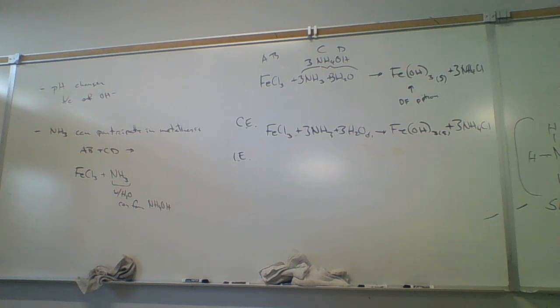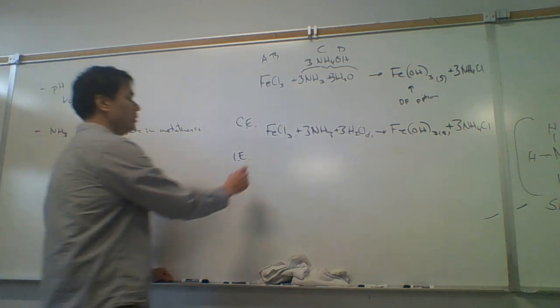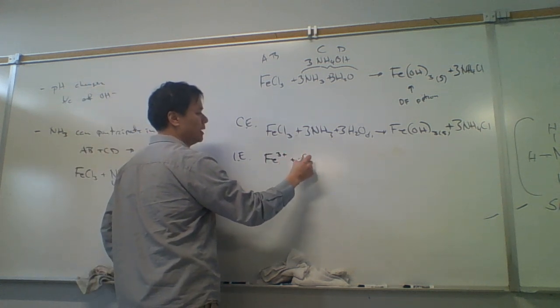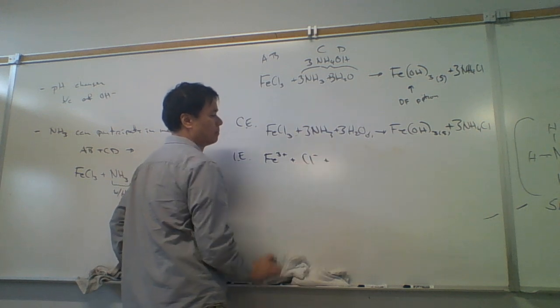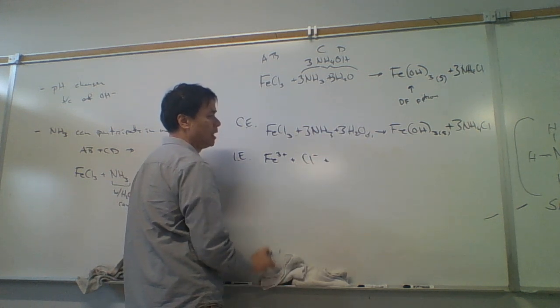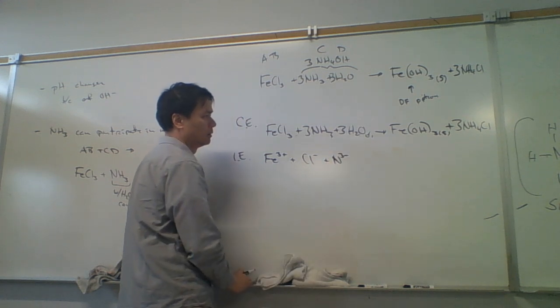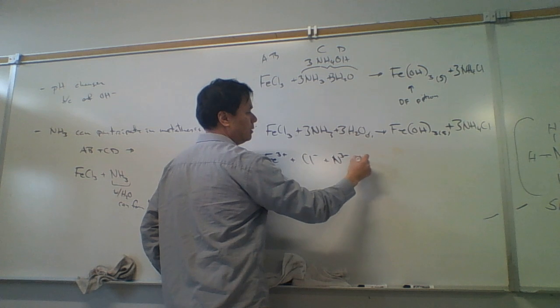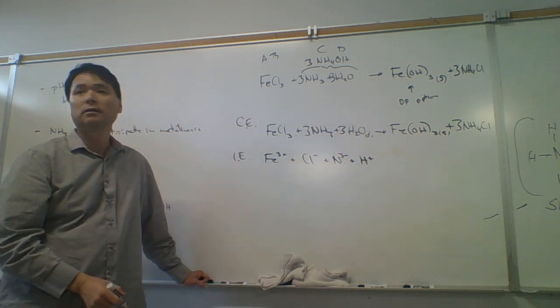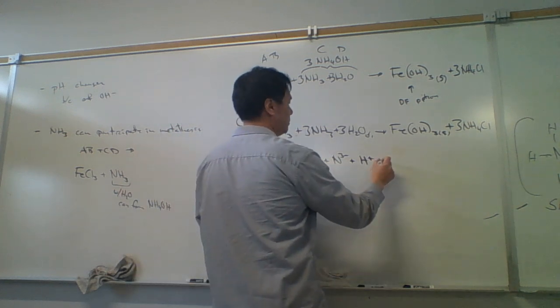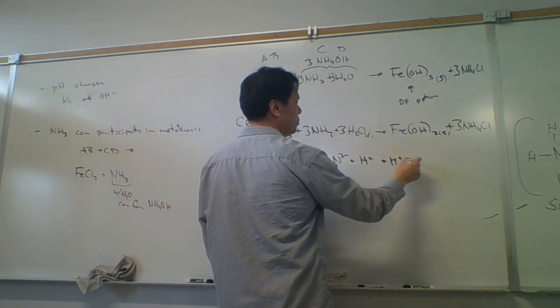Or the TIE, total ionic equation. Okay, Fe3+ plus Cl minus, and 3 minus, and then H plus, plus H plus, plus H plus and O2 minus.